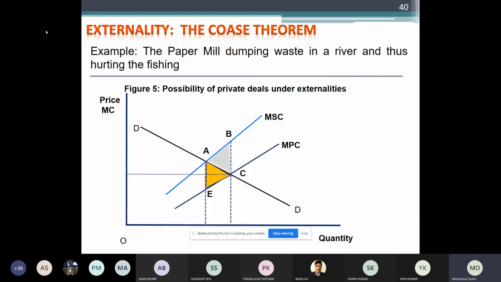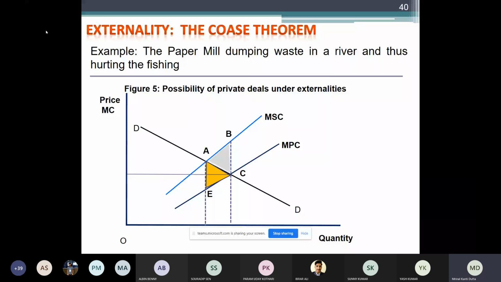So AEC, the area of the triangle AEC, is the consumer and producer surplus which will be reduced as a result of the reduction of the output from OQ to OQ1. But since this value is less than the ABCE value, ABCE will be the gain or benefit for the fishermen when the output is reduced from OQ to OQ1. So obviously the ABCE value is higher than the ACE value.